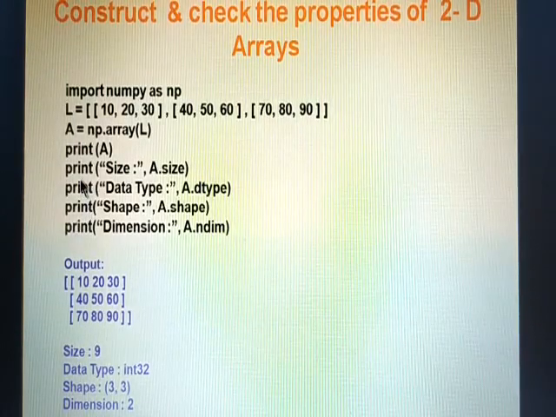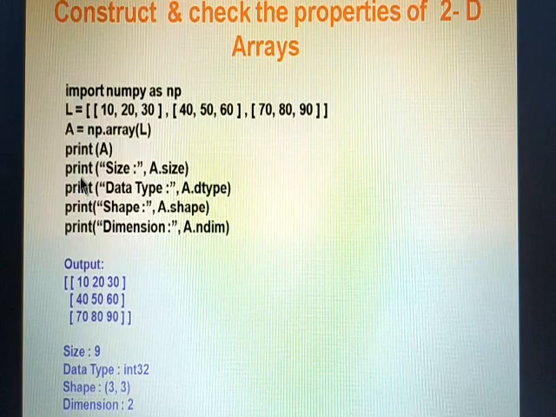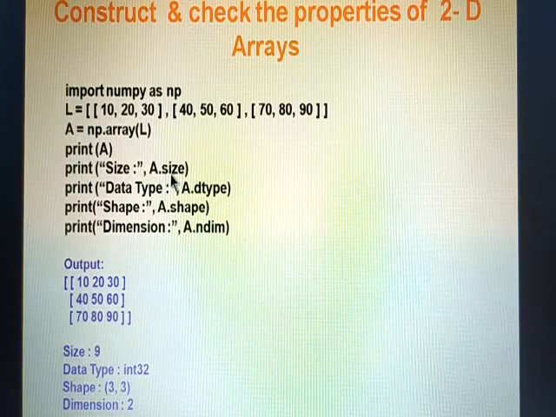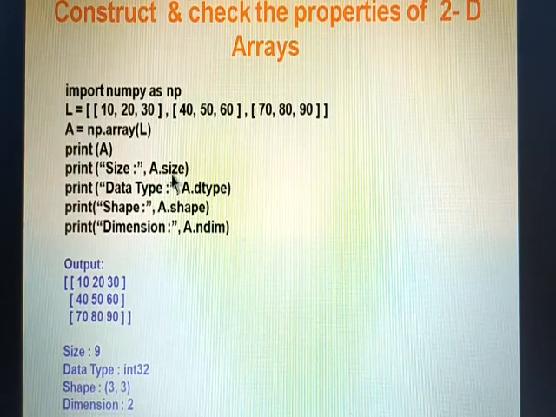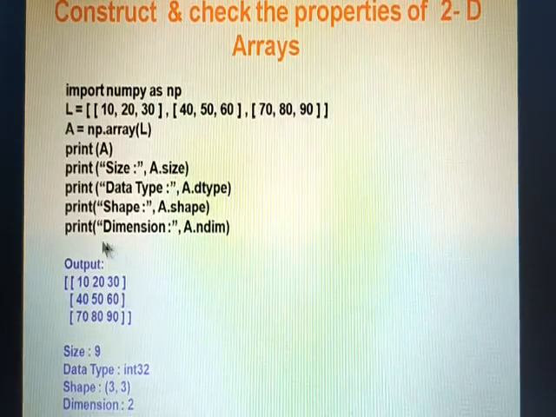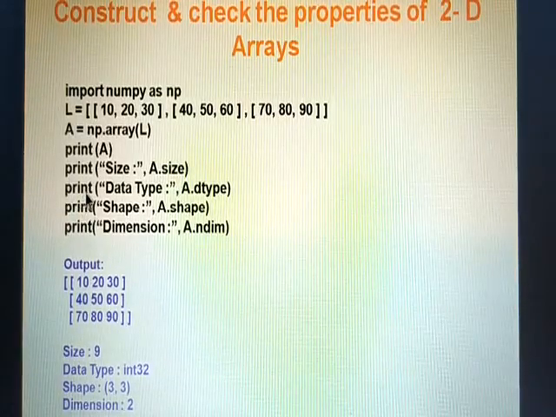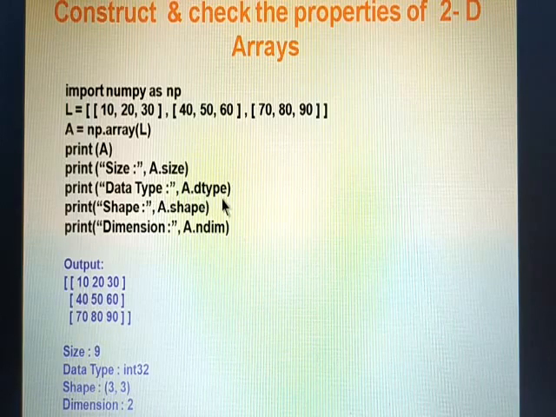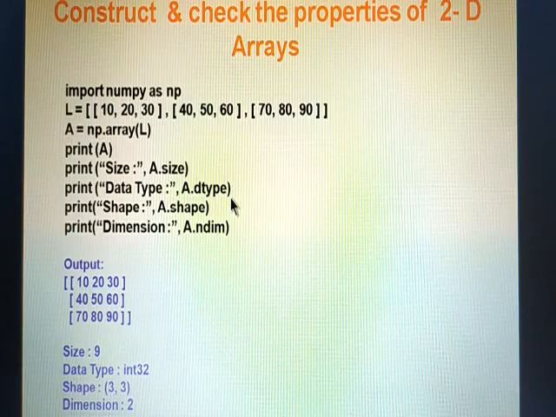Now to display the size, print size, a dot size. Here A is the array name and size is the attribute. Whenever we execute this, it displays the size of the created array. Next statement is print data type, a dot dtype. This statement displays the data type.